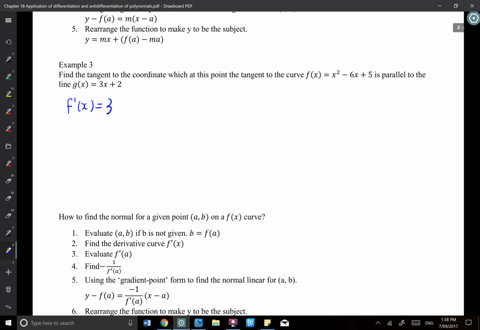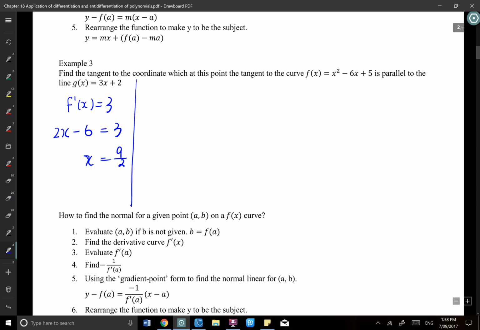What is f dash x? f dash x is 2x minus 6. That equals 3, so x equals 9 over 2. That is the x value of the contact point, because at the contact point the gradient is 3.